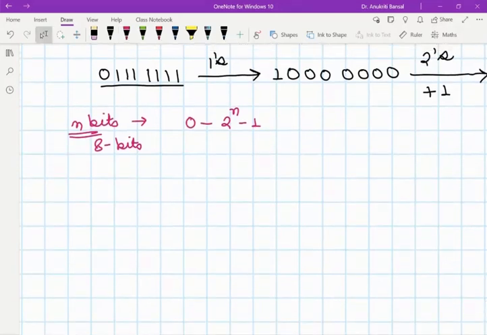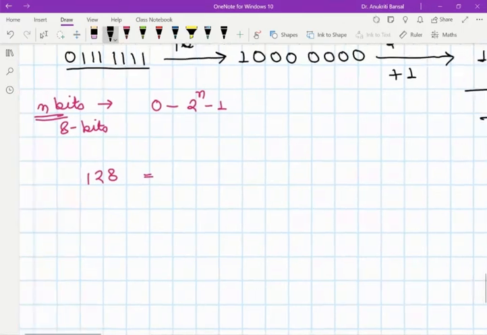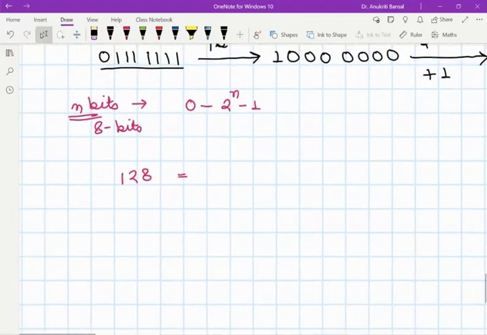Now, instead of finding binary equivalent and then checking the range, we directly move to 128. Okay, can you find the binary equivalent of 128? What is the binary equivalent of 128?